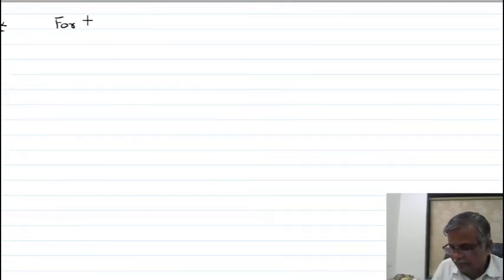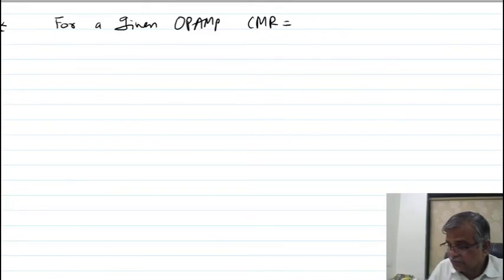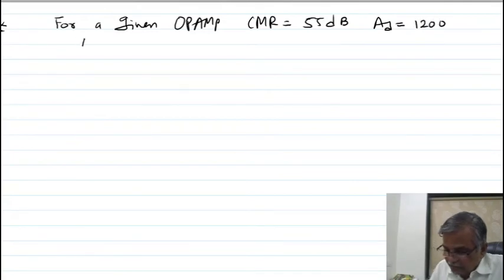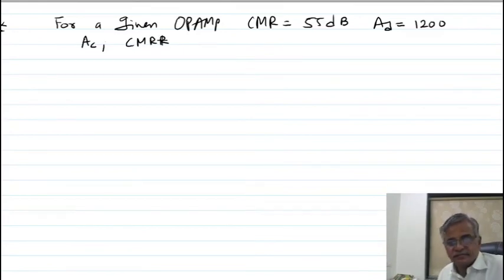For a given op-amp, CMR is 55 dB and differential gain is 1200. Find the value of common mode gain AC and CMRR.